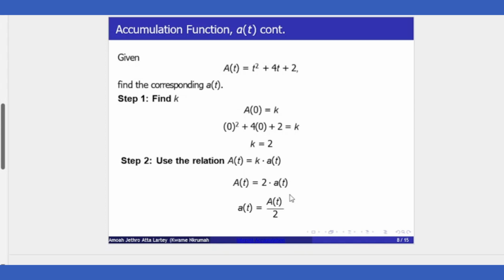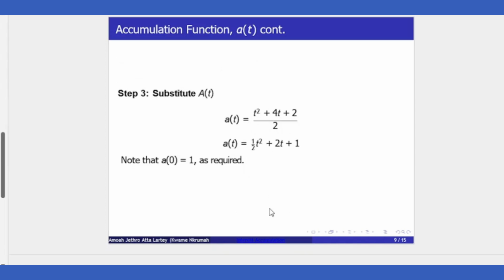So we just change the subject by dividing by 2, so that the 2 cancels and becomes 1, and then a(t) becomes the amount function over 2, right? And then hooray, you substitute A(t), which we were given in the question, and you find the accumulation function.